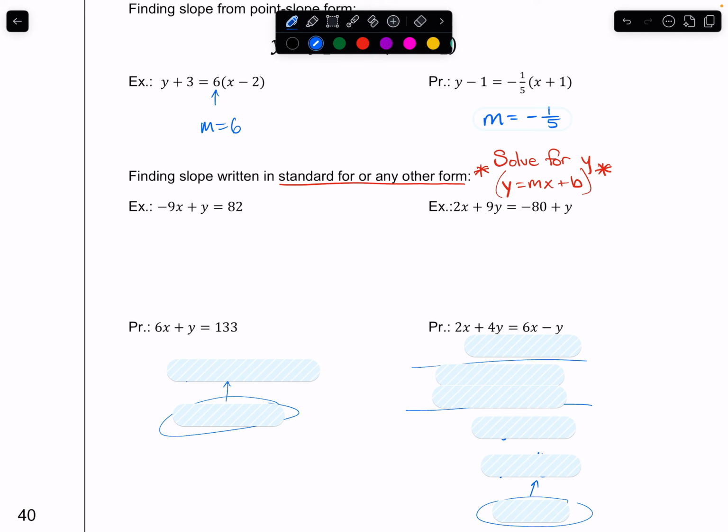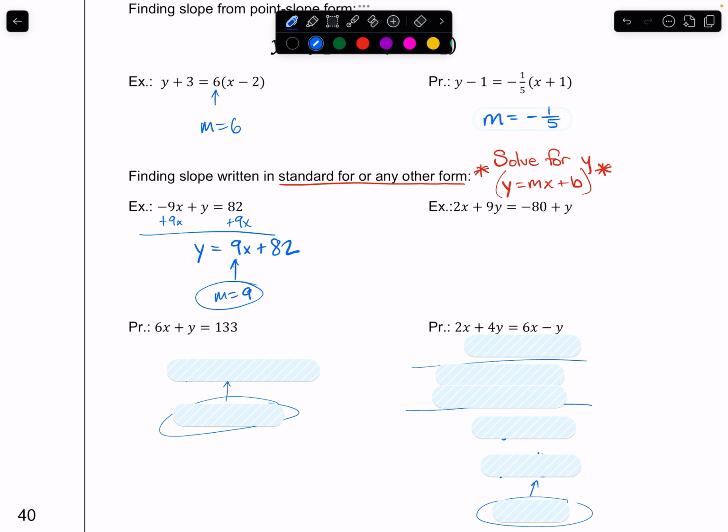So let's go ahead and try this example problem here. Y is not by itself, so I'm going to add 9x to both sides to cancel out the -9x. I'll get y by itself on the left side, and we'll have 9x plus 82, and that's in slope-intercept form, so we know that our slope attached to the x is 9.